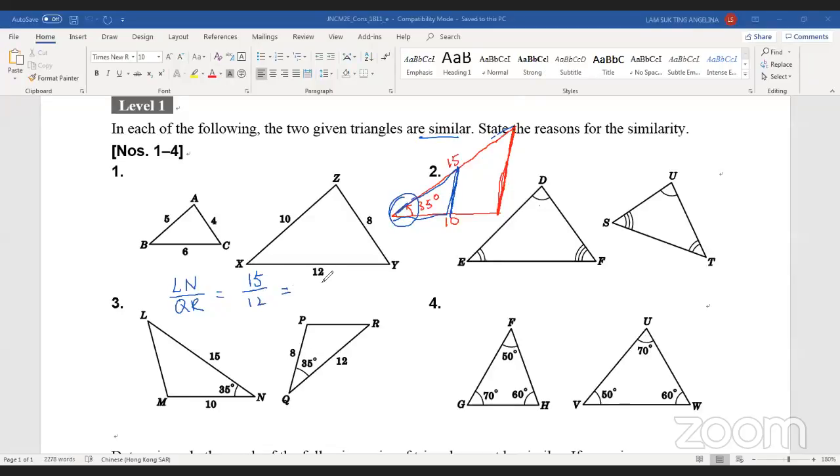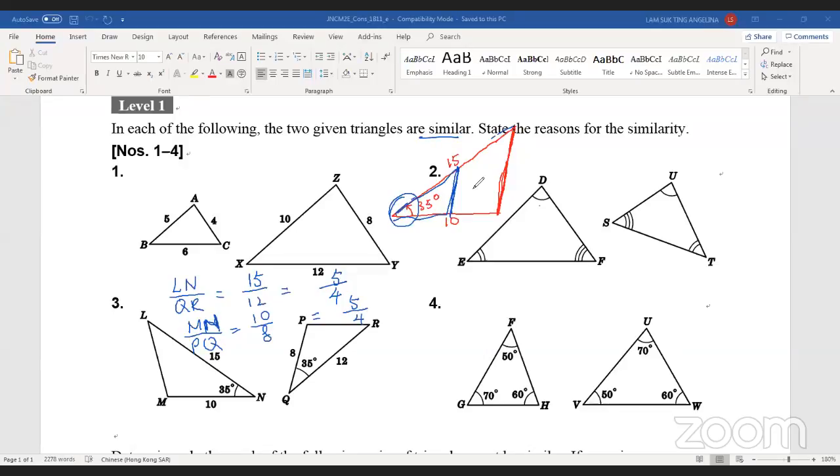And then I can do cancellation. Cancel 3. I have 5/4. And then I try to compare MN with PQ, right? This one, 10/8. And then I can do cancellation, cancel 2. Then I also have 5/4.